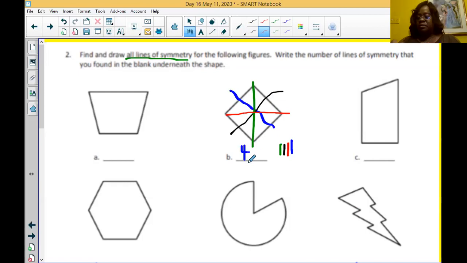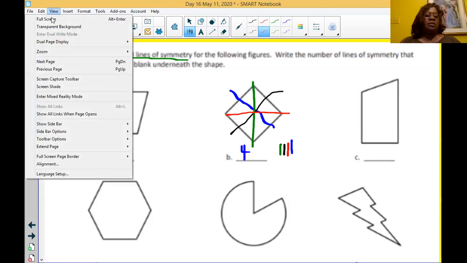Here's my line. So here's my square. Here's my line. So that makes this side symmetrical to this side. So they're identical.